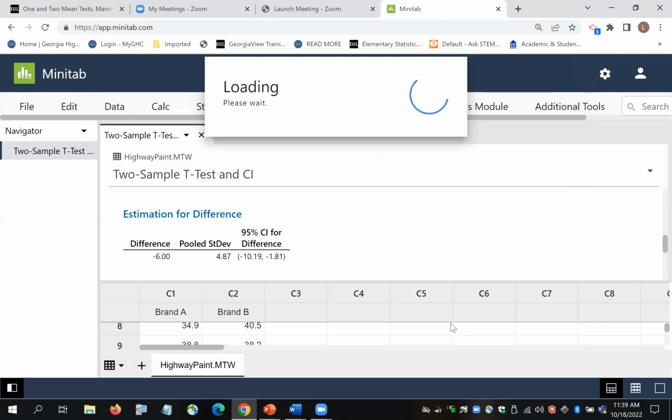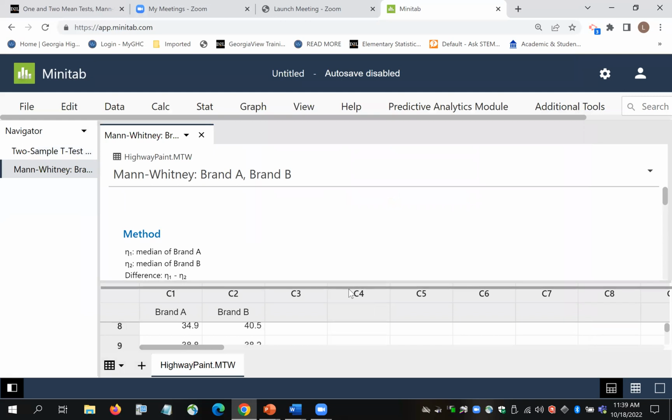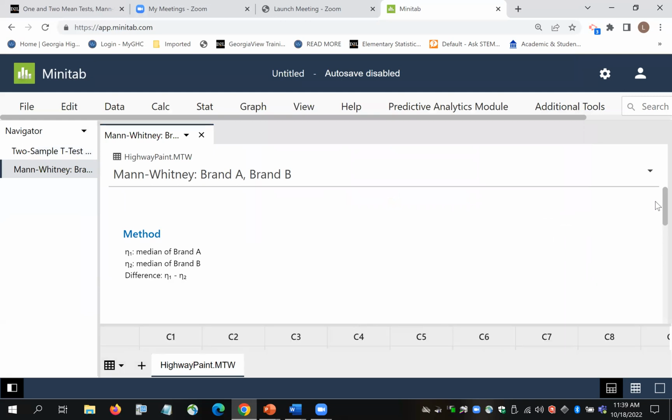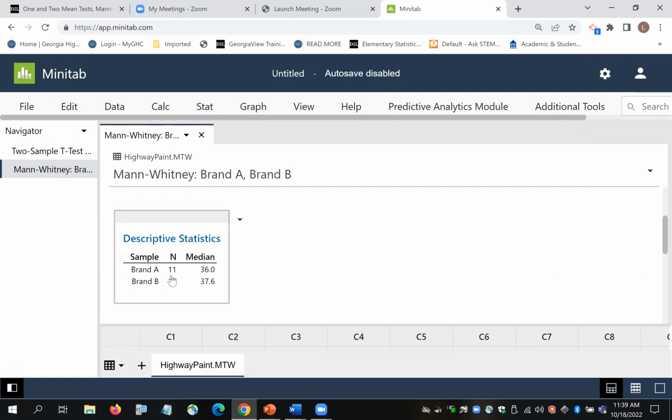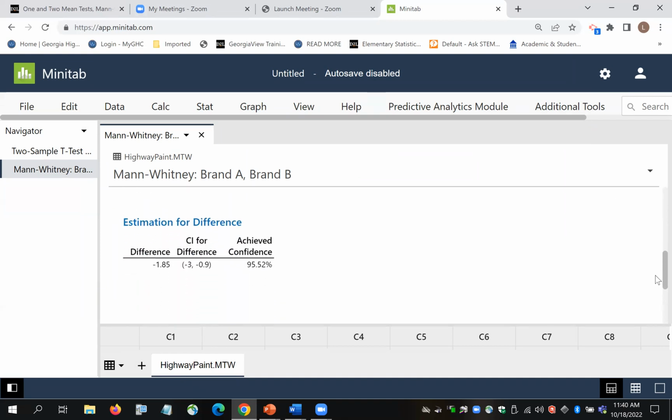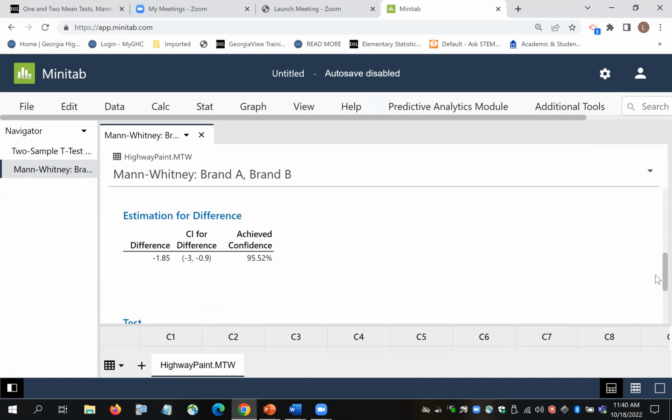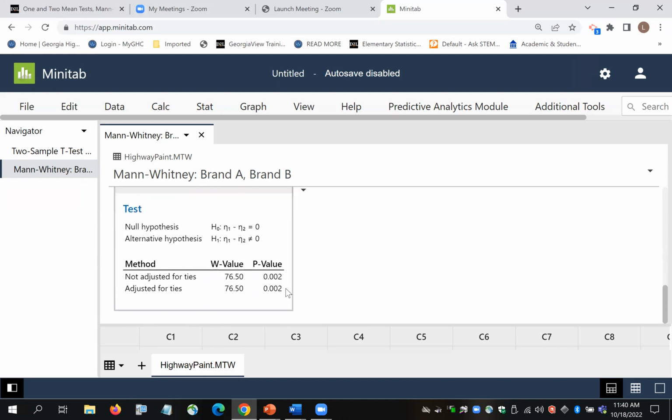So I'm going to click OK, and again, it gives me the results. It gives me the method. It shows me the descriptive statistics. It shows me that I had a sample of 11, and it gives me the median. Notice this is the median, not the mean, and brand B. Then it gives me the estimation for difference, and then it gives me my test.